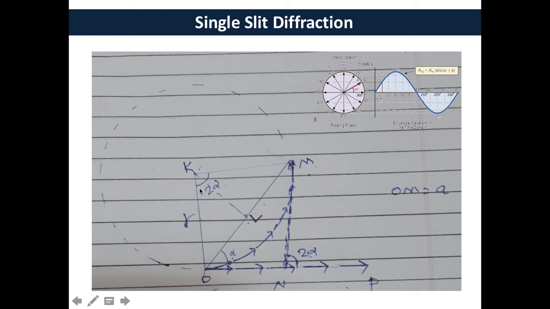So if phi by 2 is equal to alpha, then phi is equal to 2 alpha. Here the angle is 2 alpha. Here also the angle is 2 alpha.